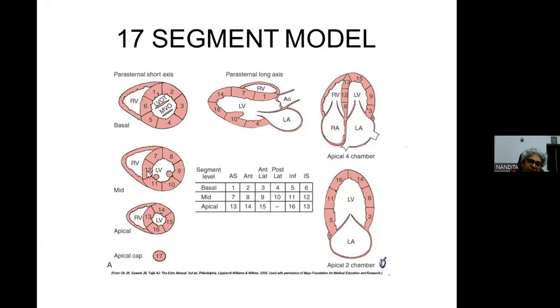Whatever is coming close to it, that is the best way to remember. So then this is the anterior wall. The anterior wall is mostly supplied by LAD only. When we go to the lateral wall, it could be LAD, it could be circumflex. Correct? Yes, ma'am.